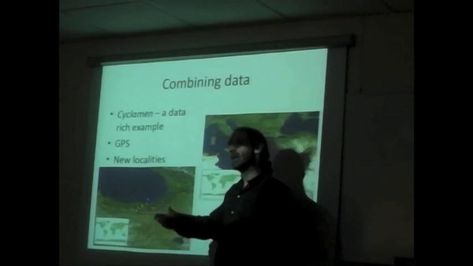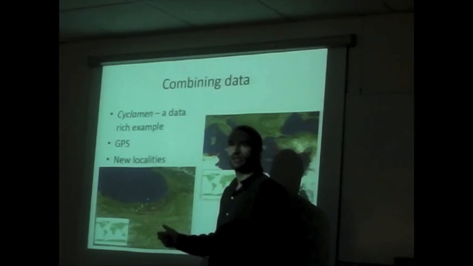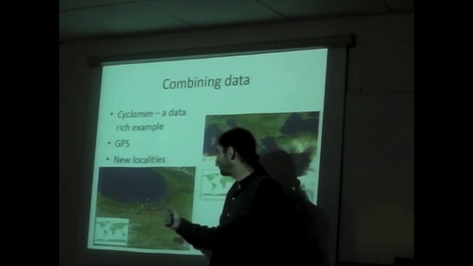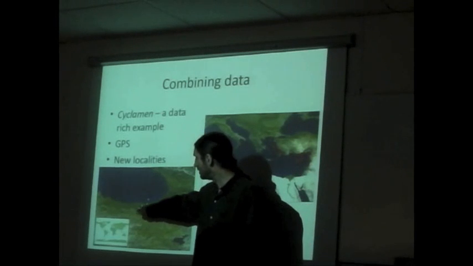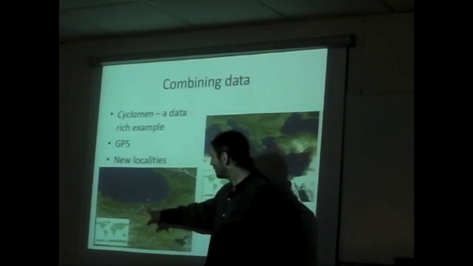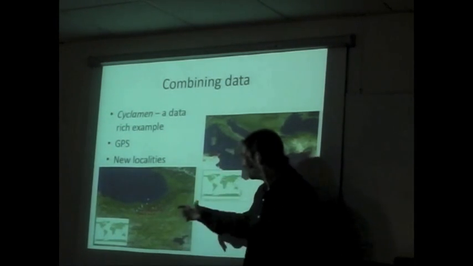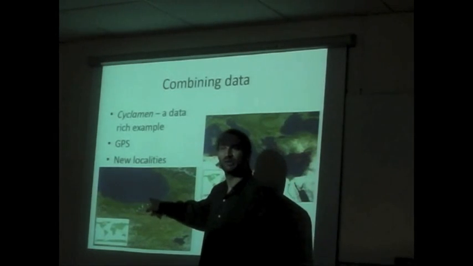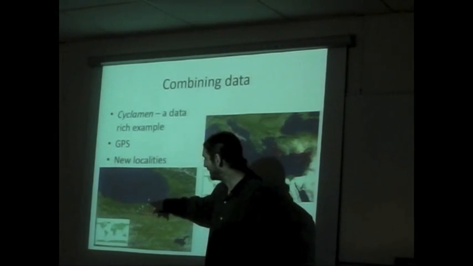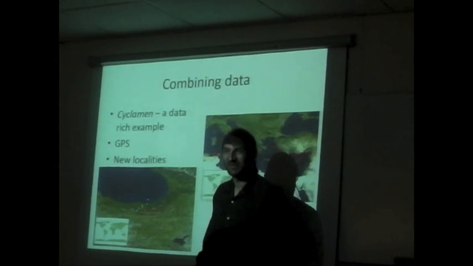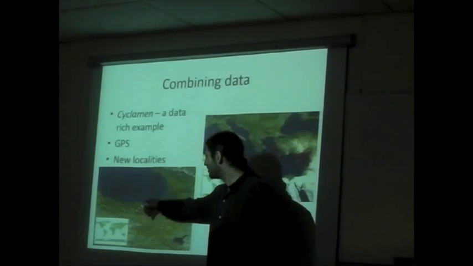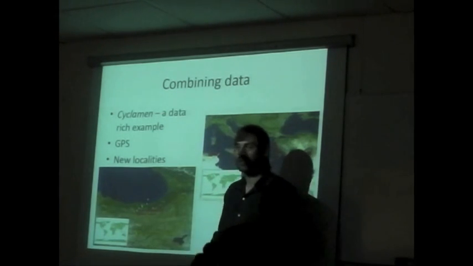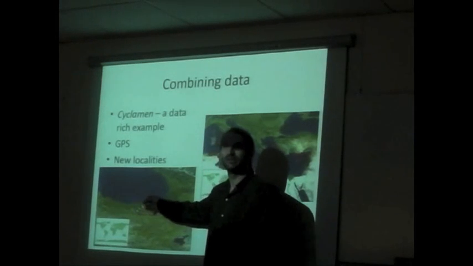We also had independently some collections from people going to collect with GPS data. This is the little light dots here. And so we could combine these data sets together. Well, you notice here that this GPS coordinate is a little bit off. Cyclamen? Yes, cyclamen. So it's in the middle of the Black Sea. So this is a geographic resolution error.